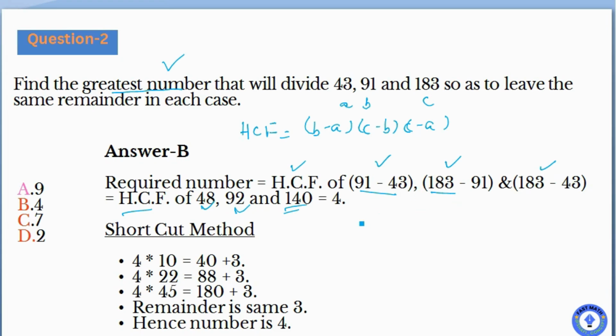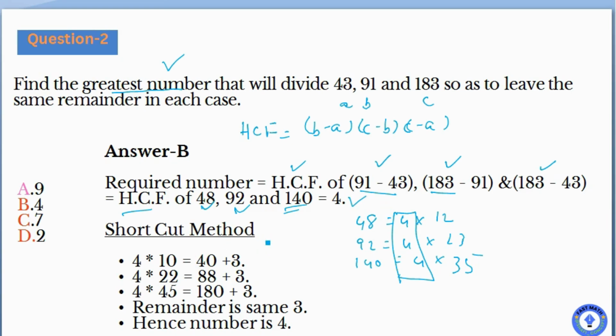However, I want to reiterate: 48 is 4 into 12, 92 is 4 into 23, and 140 is 4 into 35. The common factor which divides these numbers is 4. This is the conventional way of doing it.